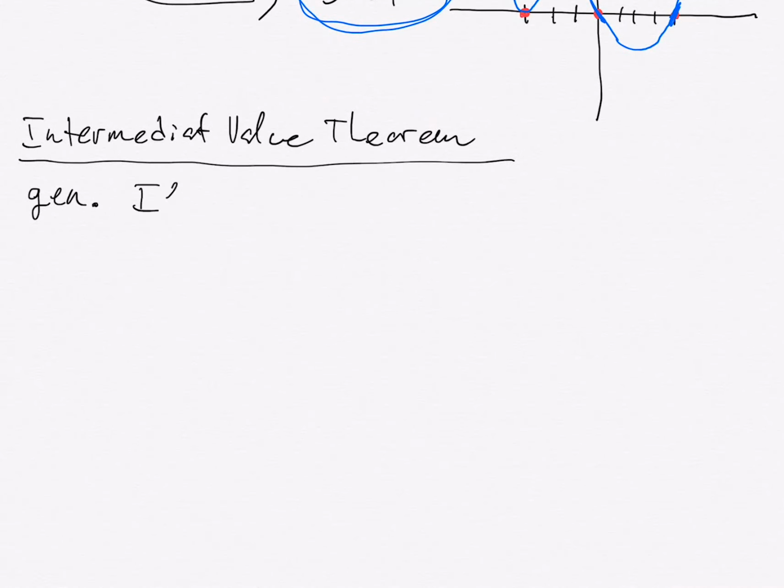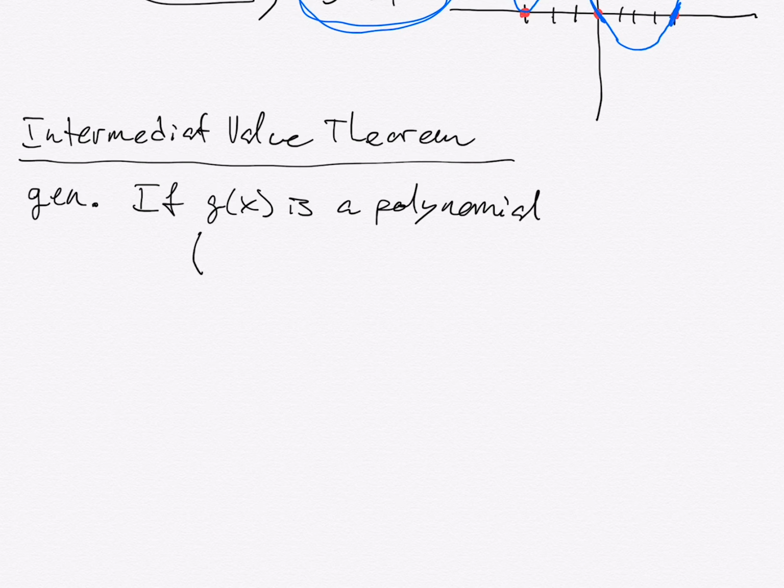If our function g of x is a polynomial, and that's important because, as we talked about in class, polynomials are smooth, and most importantly here, they're continuous.